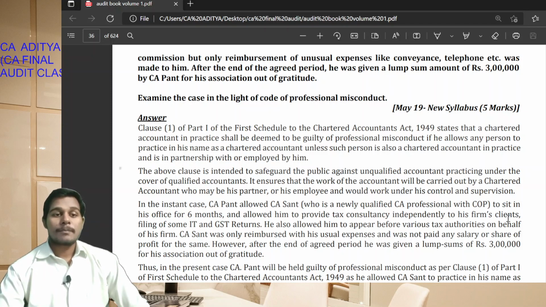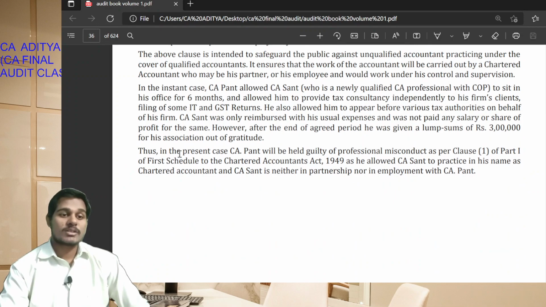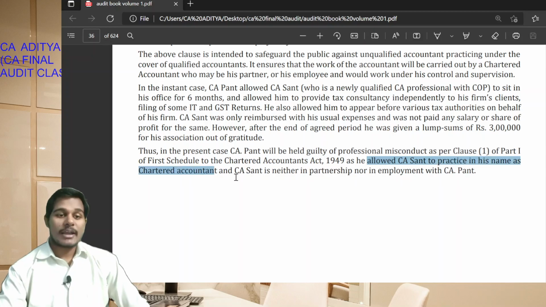So Mr. Pant will be guilty of professional misconduct as per clause 1 of Part 1 of the First Schedule, as he allowed CA Sant to practice in his name as a chartered accountant, and CA Sant is neither a partner nor an employee of CA Pant.